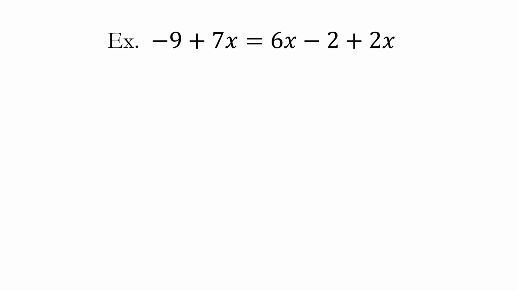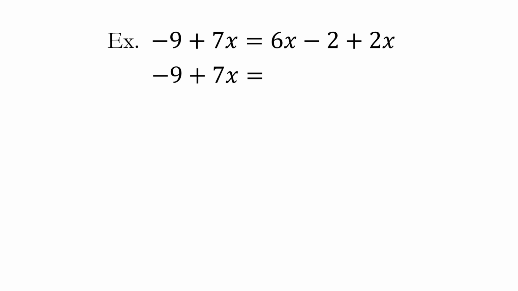Let's look at another example. Negative 9 plus 7x equals 6x subtract 2 plus 2x. The left side of our equation is already simplified, so we'll bring that down, negative 9 plus 7x. But the right side of our equation we can simplify by combining like terms.